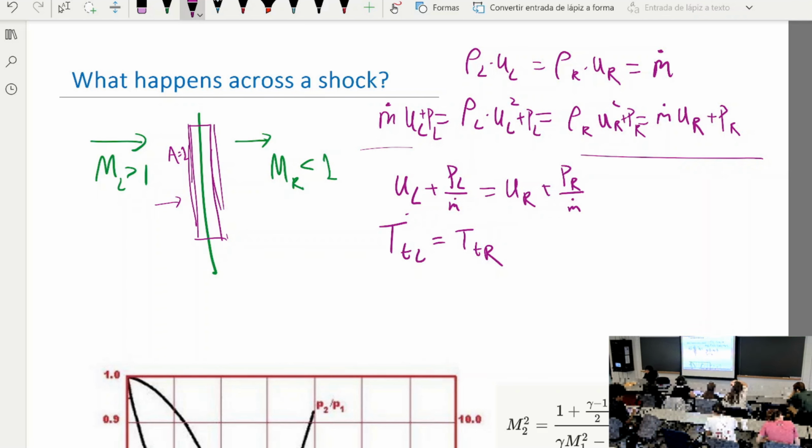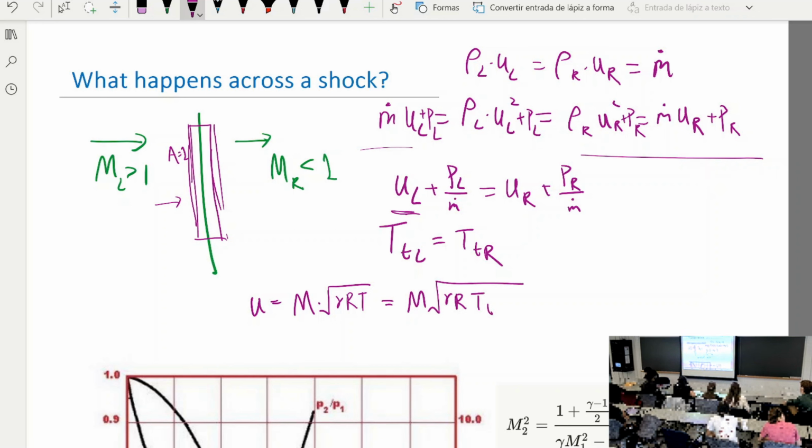And you can write the velocity in terms of Mach number and total temperature, right? For example, velocity is equal to Mach number times the square root of gamma RT, which is the speed of sound, and T can be written as TT times 1 plus this M squared to the power of minus 1.